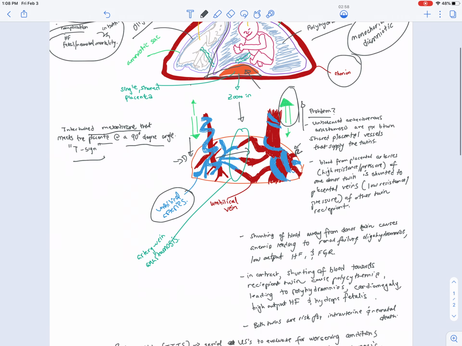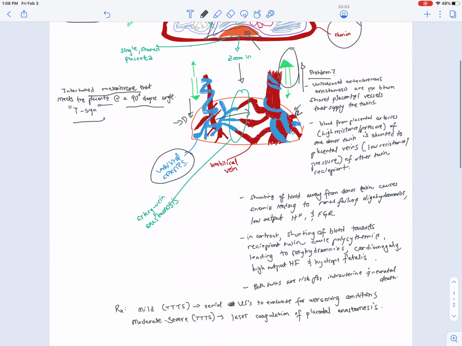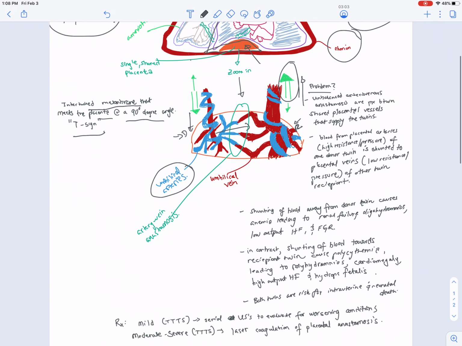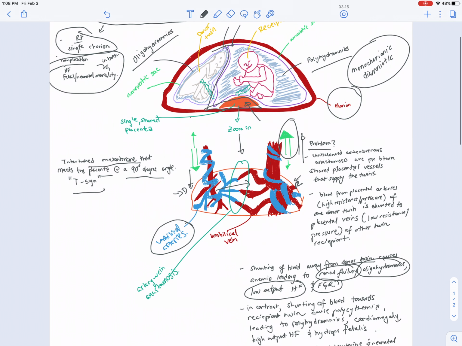And that's why you're going to see some differences in the findings in the donor versus the recipient baby. First of all, the donor twin can present with renal failure, oligohydramnios, low output heart failure, and fetal growth restriction. You can see in my ugly drawing here, the baby is very small.